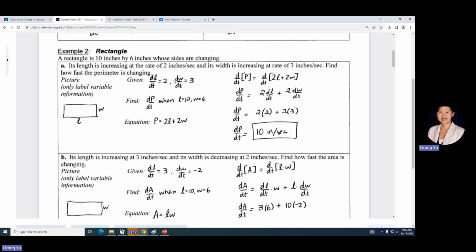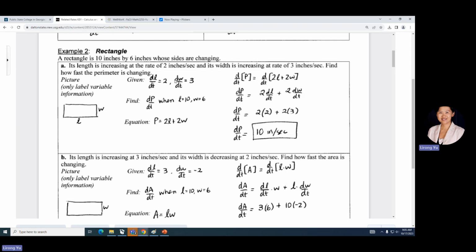The perimeter of the rectangle is equal to 2 times the length plus 2 times the width. So that's the main relation. Geometry: the perimeter is L plus L plus W plus W, so 2L plus 2W.